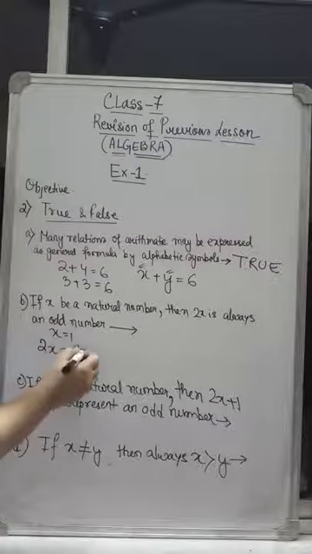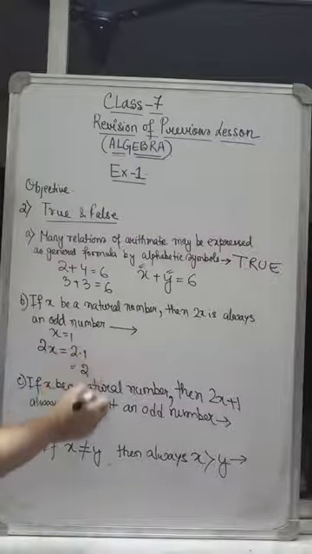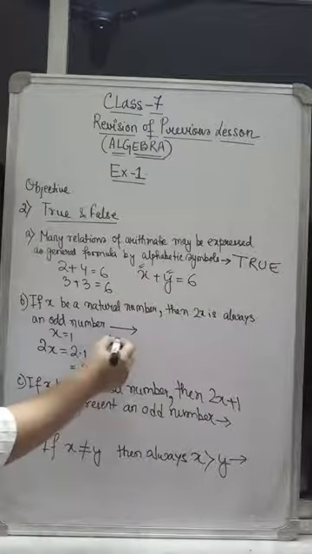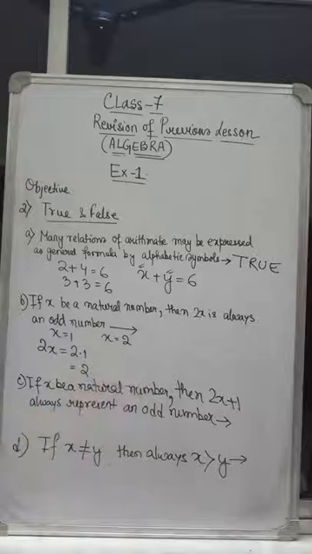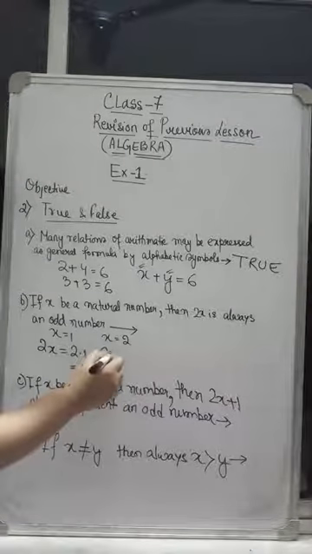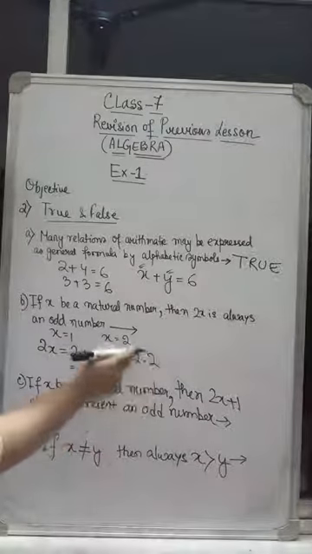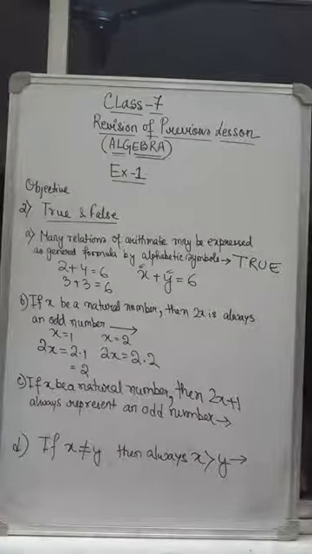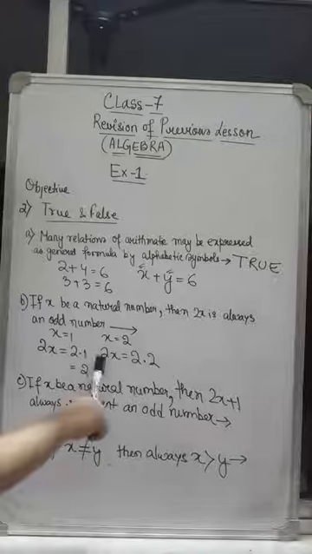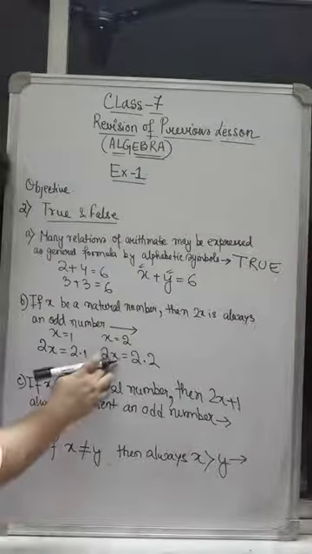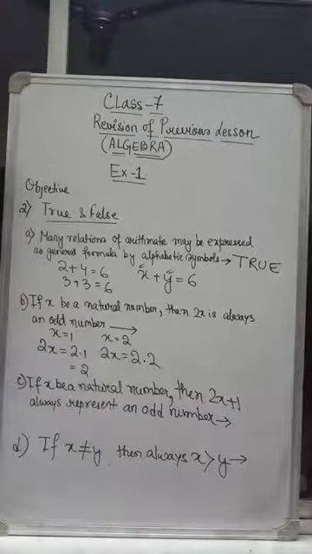So 2 into 1 gives you 2. Suppose instead of x is equal to 1, I am taking x is equal to 2. Now 2x means 2 into 2, because the x value is 2. I am just putting values and finding the value of 2x. It is giving me 4.